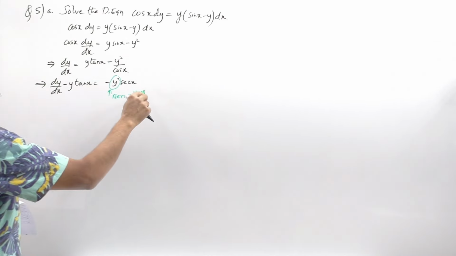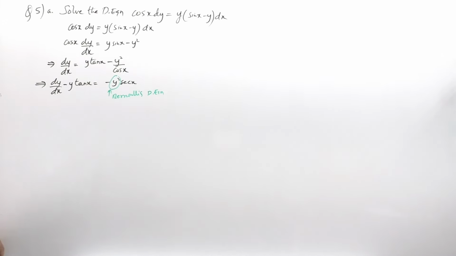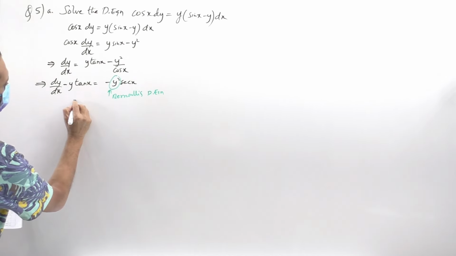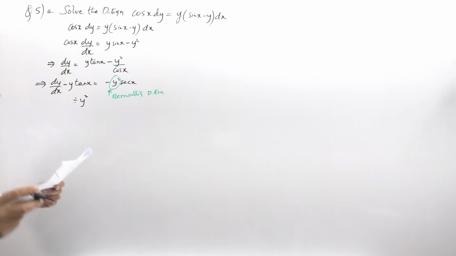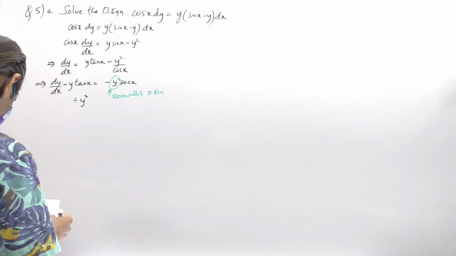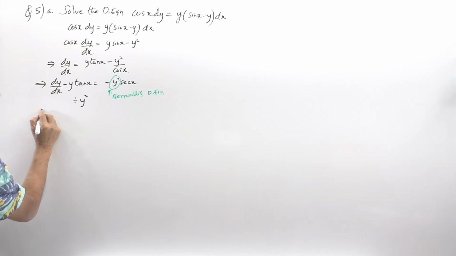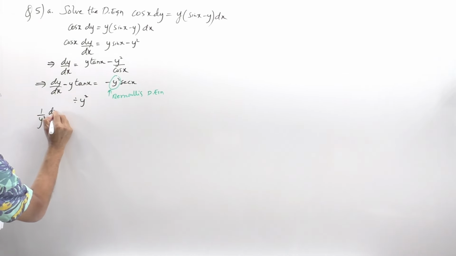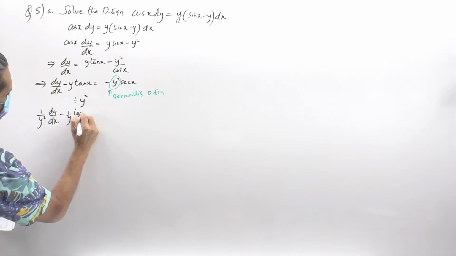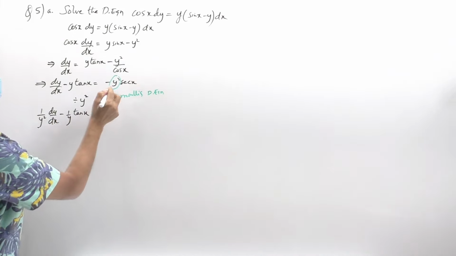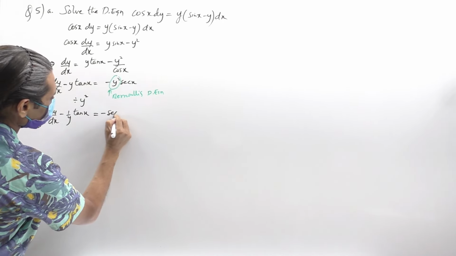Now for the Bernoulli's differential equation, what is the solution? We remove this y squared here. That means we divide by y squared, and by some substitution we make it linear, and then solve the linear equation. So first, to remove the y squared, divide by y squared here. So we get 1 by y squared dy by dx minus 1 by y tan x equals, as you know y squared cancels here, minus secant x.